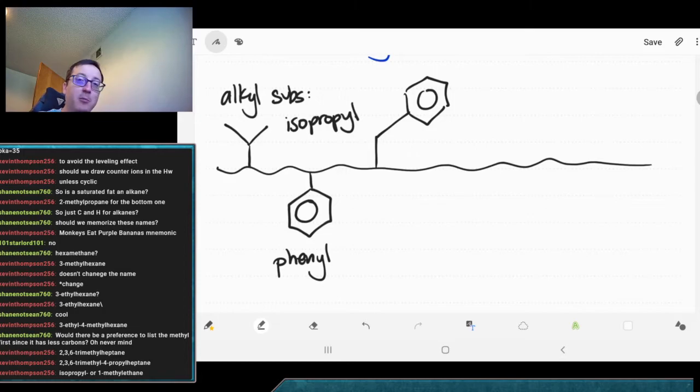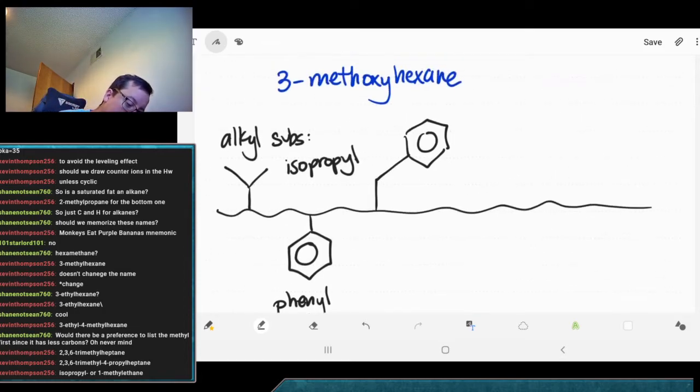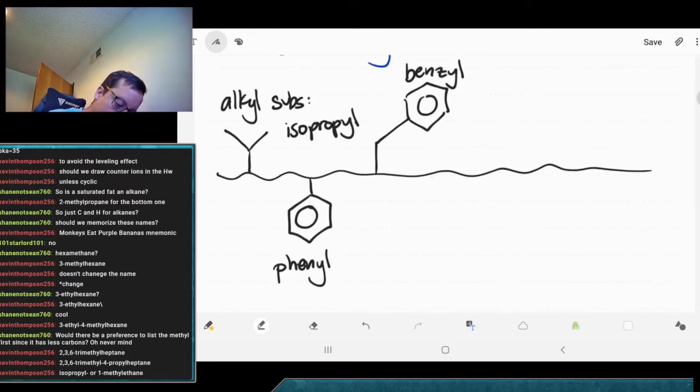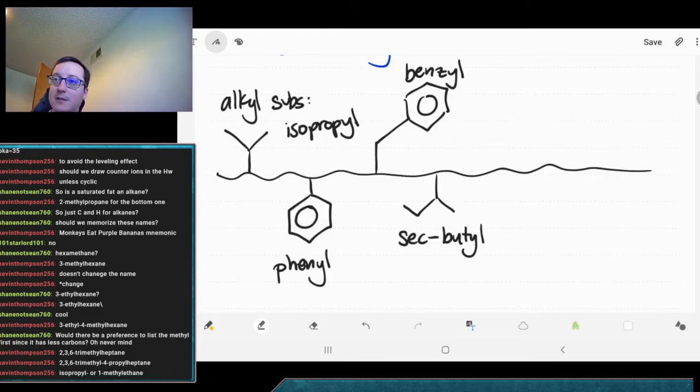If you have a carbon and then a benzene, you can call this benzyl. If you are bound to the second carbon of butane, you would call this sec-butyl, secondary butyl.